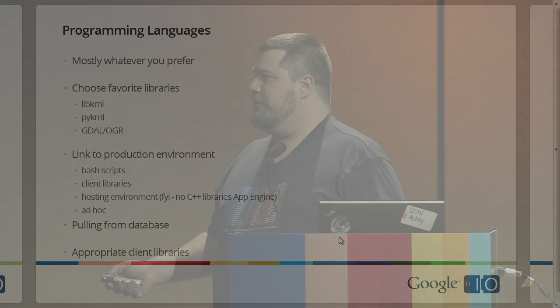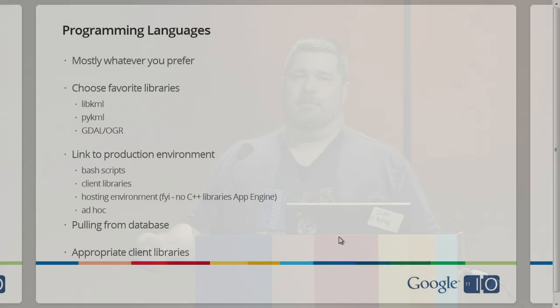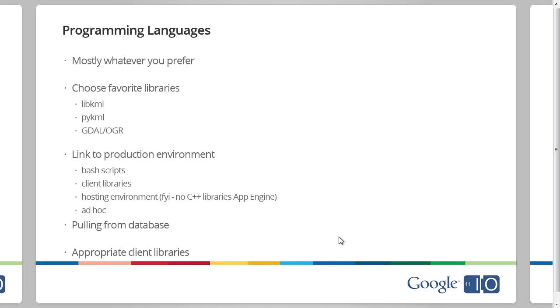And if you're, say, pulling from a database, certain programming languages have better integration with different databases. The classic being PHP and MySQL are pretty closely linked. There's tons of code that helps you pull that data out. And if you're interacting with a data API like Fusion Tables, what are the client libraries that you'll need?